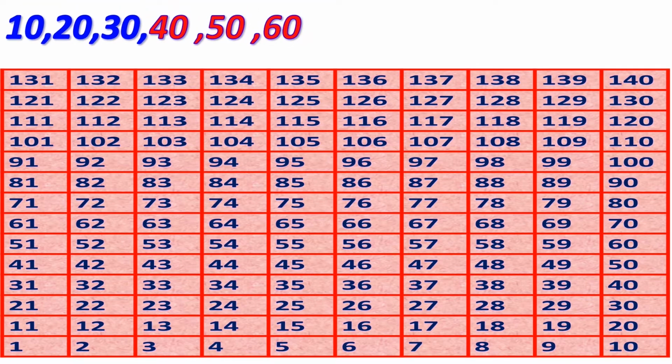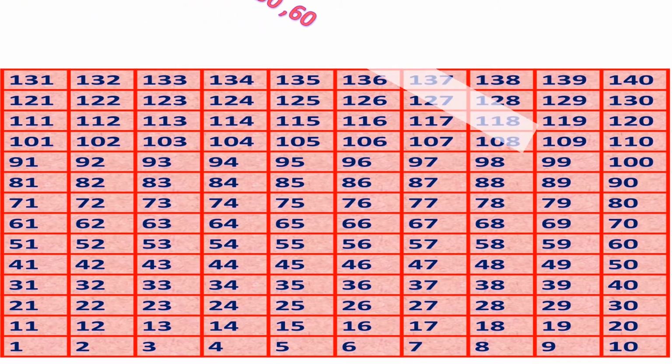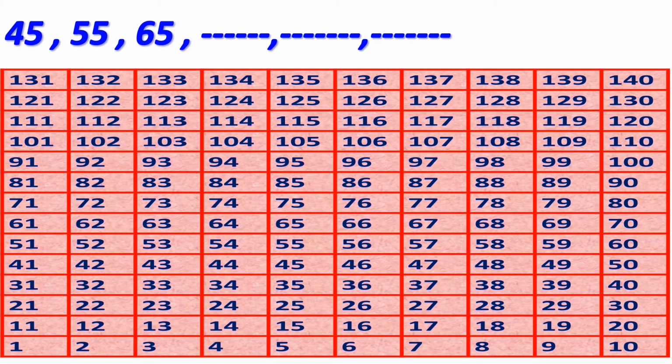Let's move now to the next example, and we will search for the numbers in the table of 140. 45, 55, 65. Search for 45. Where is 45 in this table, my friends? Where is 55? It's up. And 65, it's up. So we're moving up.